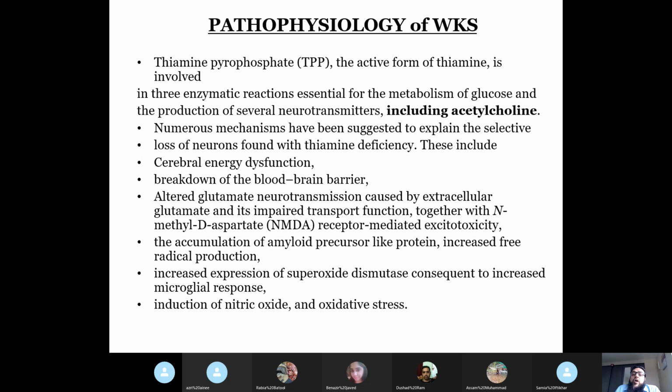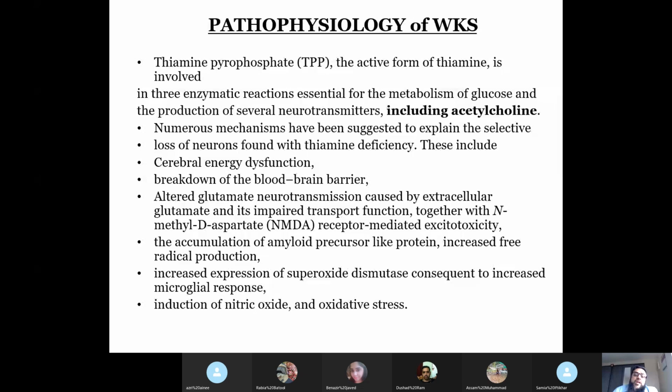So here thiamine is helping the production of acetylcholine. Numerous mechanisms have been described: loss of neurons in thiamine deficiency, cerebral energy dysfunction, breakdown of the blood-brain barrier. Then there is a glutamate hypothesis as well, thiamine related to glutamate neurotransmission, caused by extracellular glutamate and its impaired transport function, together with NMDA receptor mediated excitotoxicity and the accumulation of amyloid precursor-like protein, increased free radical production.